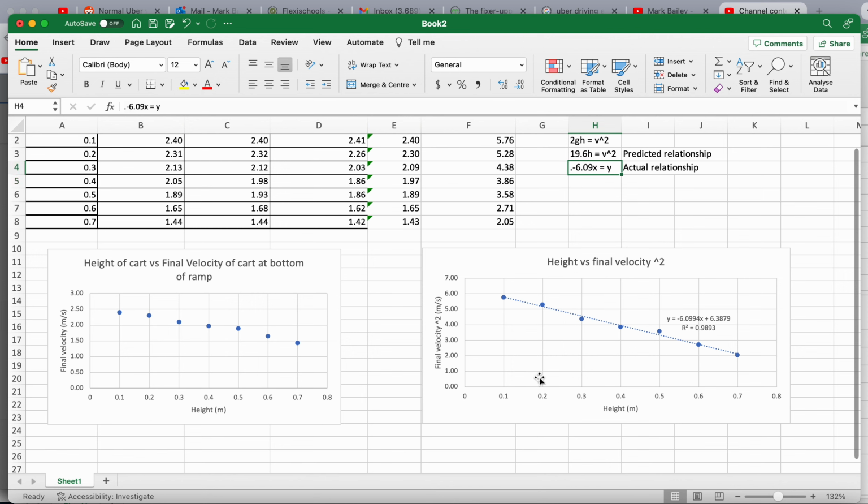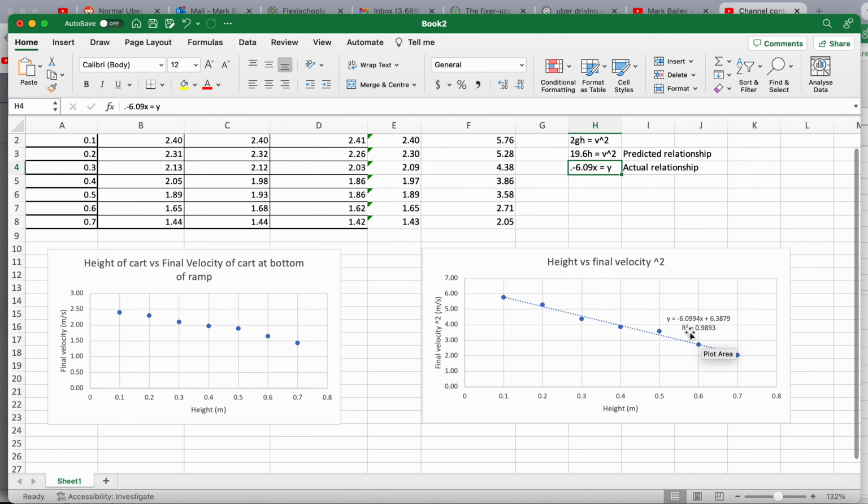So your y is your v squared here. Because that's a constant, 19.6 h, well, in this case we got minus 6.09 x. We would have expected this to be 19.6 x, but we didn't, because we've got some errors in our experiment, which is pretty normal. These results are not too bad.